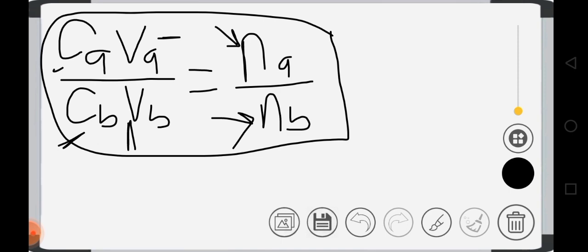The next thing is to make our question the subject of the formula. The question is to calculate the concentration of the base.